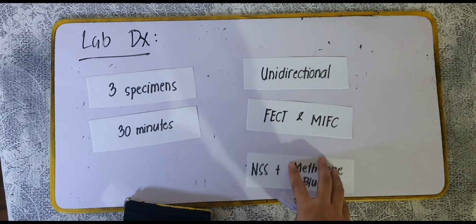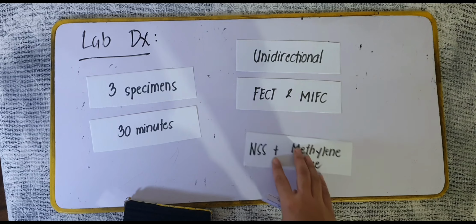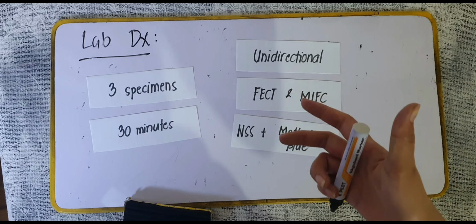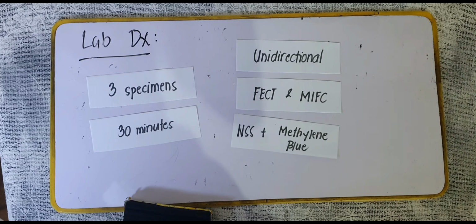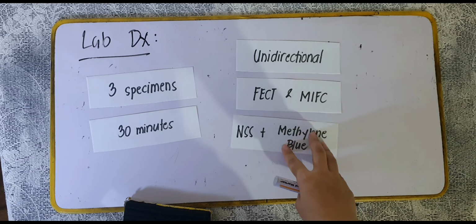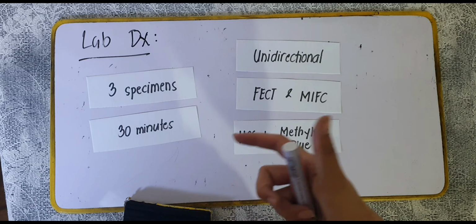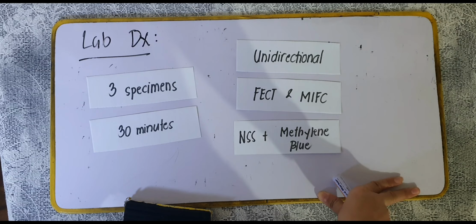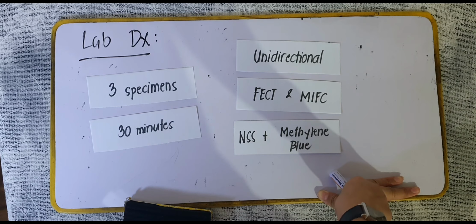The NSS plus methylene blue will stain the amoeba blue, thus differentiating them from WBCs. Because, class, when you look under the microscope, if you overlook it, they actually look almost like pus cells, the WBCs.